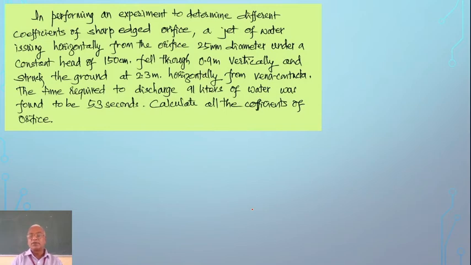Okay, a couple of problems we shall have. In performing an experiment to determine different coefficients of a sharp-edged orifice, a jet of water issuing horizontally from the orifice of 25 mm diameter under a constant head of 150 centimeters fell through 0.9 meters vertically and struck the ground at a distance 2.3 meters horizontally from vena contracta.